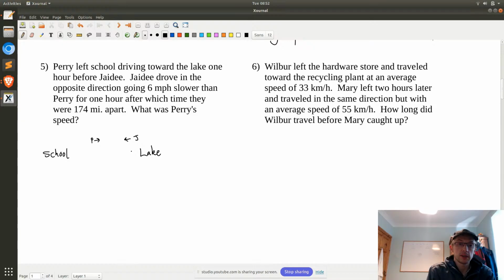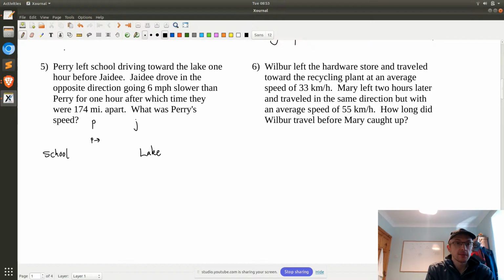Okay, you know what? I'm going to represent JD's speed like this. Instead of having variables like P and J flying around, I don't want that. I'm going to have Perry's speed be P. And JD's speed, I'm going to have it be P minus 6. Okay?